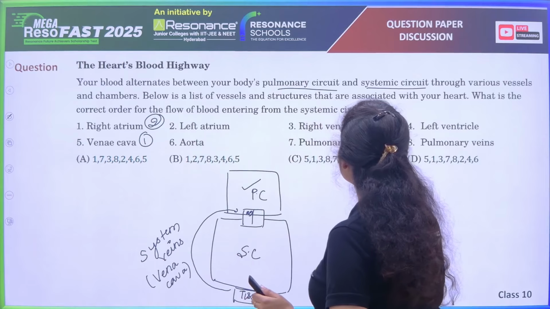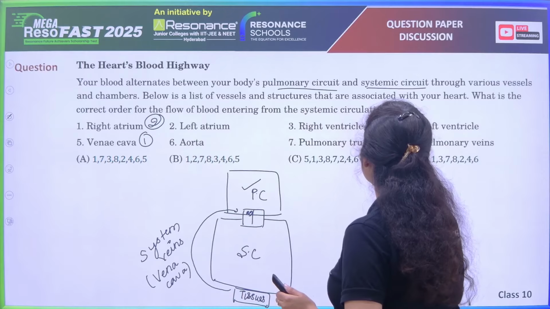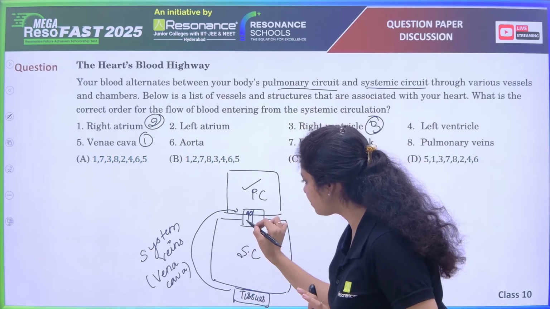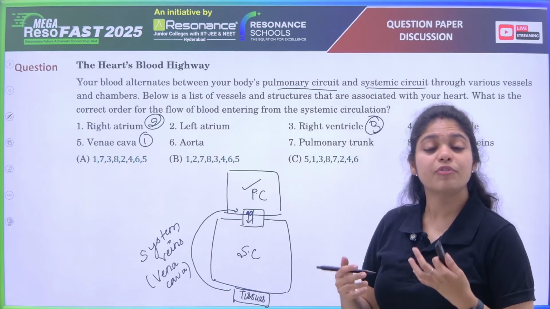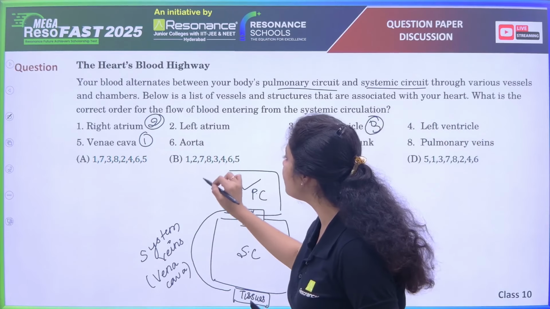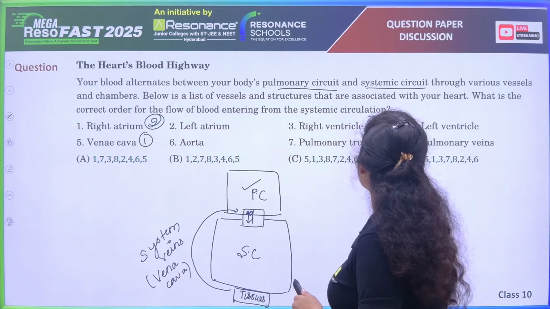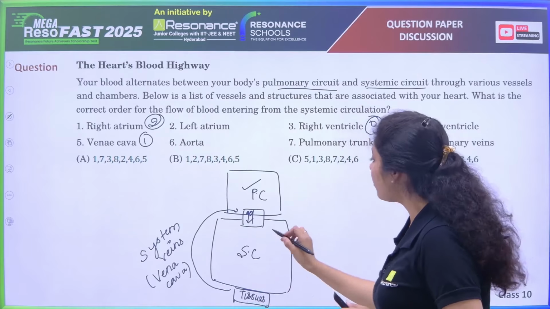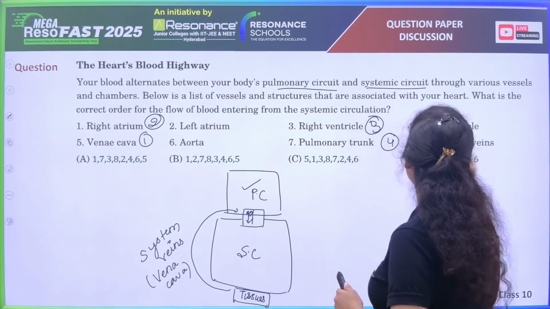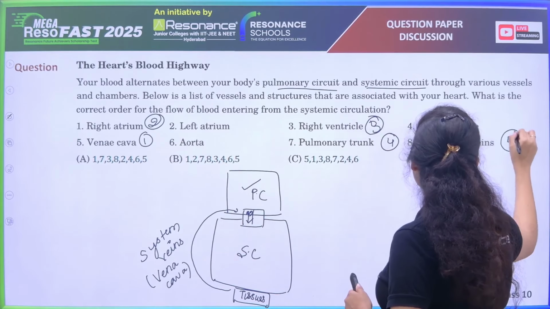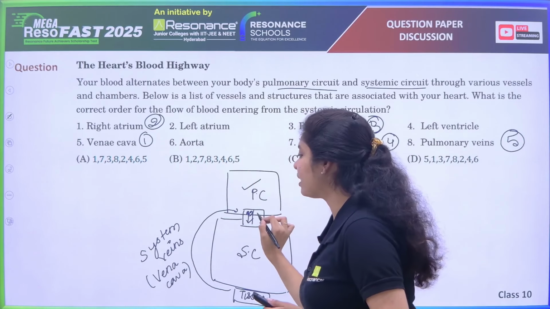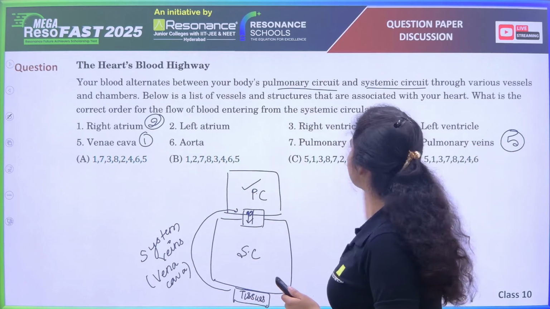From the right atrium it moves into the right ventricle. From the right ventricle it will be moving into the pulmonary trunk. From the pulmonary trunk it will be moving into the pulmonary veins. From the pulmonary veins it enters into the left atrium.